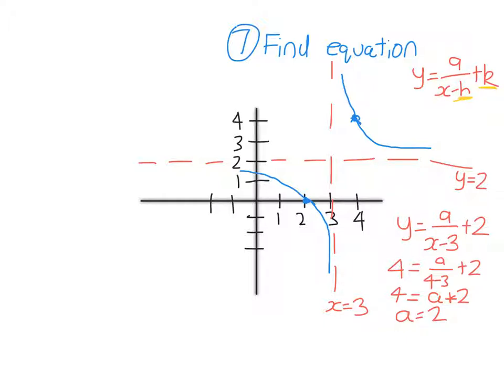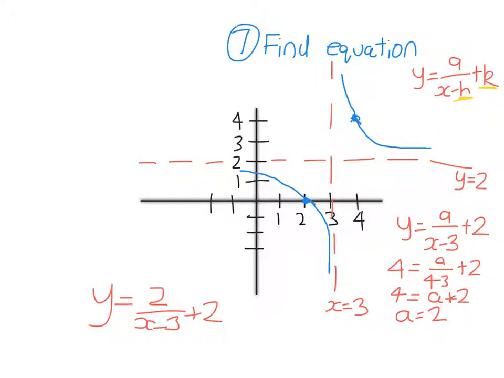So note, I got a is positive 2, so I know I've done something right. I expect that a is positive. It must be positive because the hyperbola is in the top right and bottom left. So now I've found the values of a, h, and k, I have my equation. The equation is just y is equal to a, which I figured out was 2, over x minus h plus k. So if I were to graph this equation here, I'd end up with a graph that looks like this.